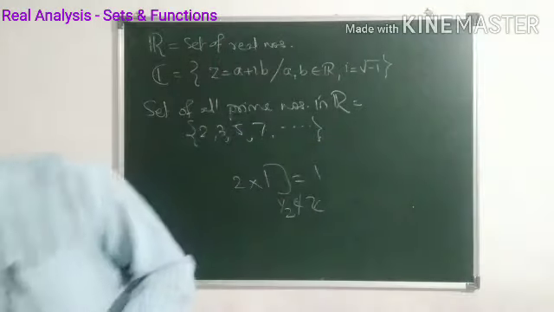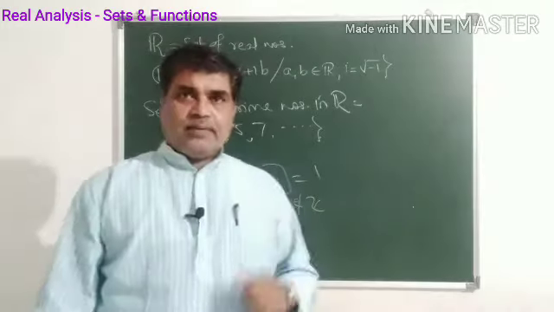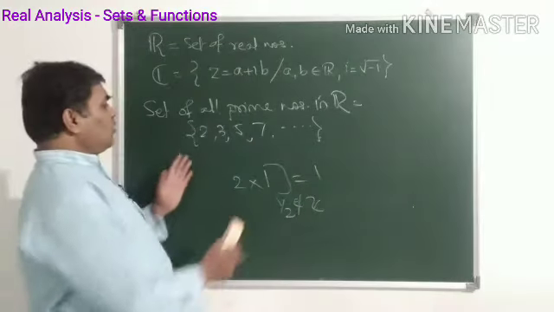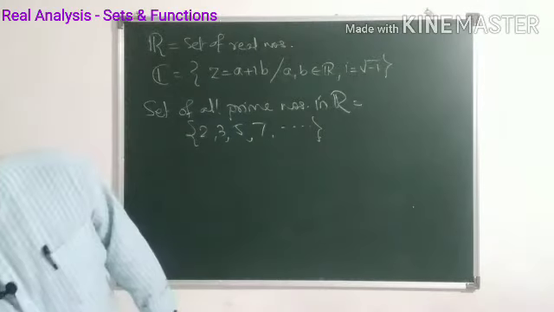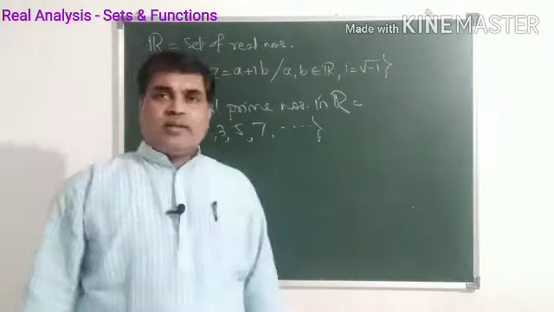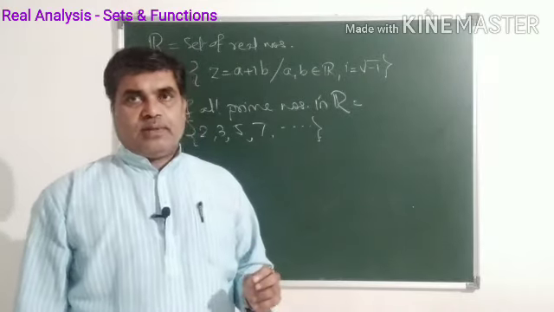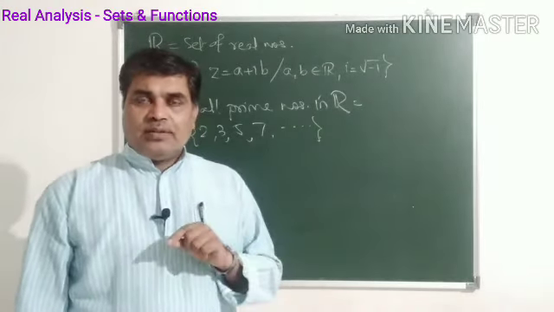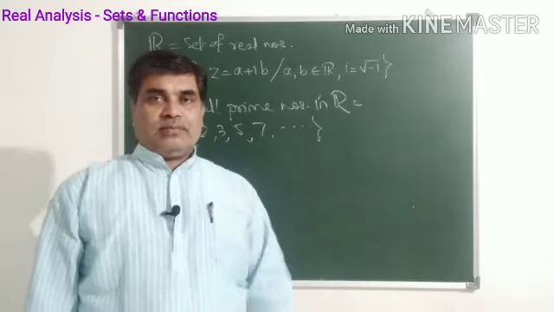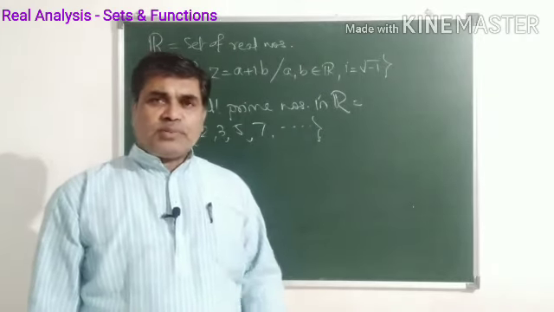We are not interested in studying the field concept here. But as I have to talk about prime numbers, prime number depends on the divisibility concept. On the set of real numbers, we are just talking about two operations, addition and multiplication. What about subtraction?